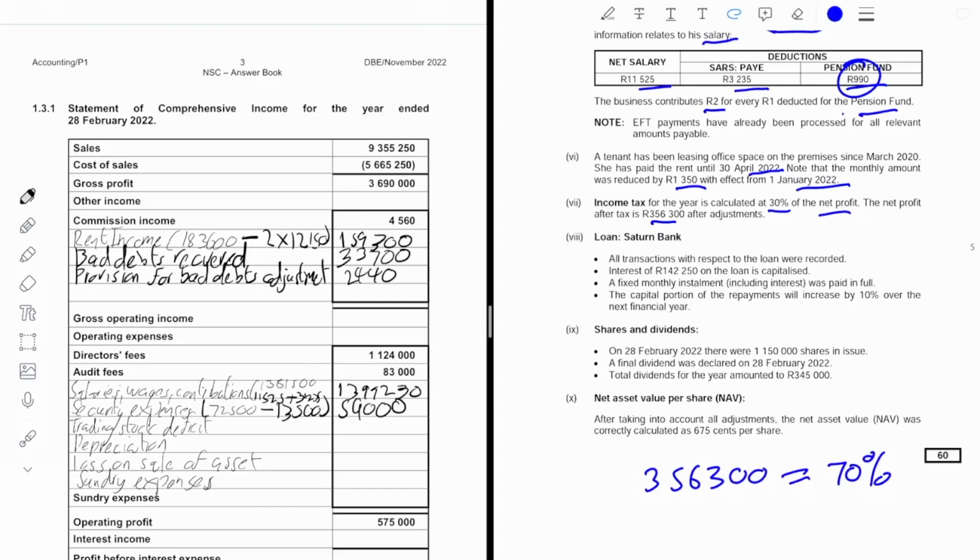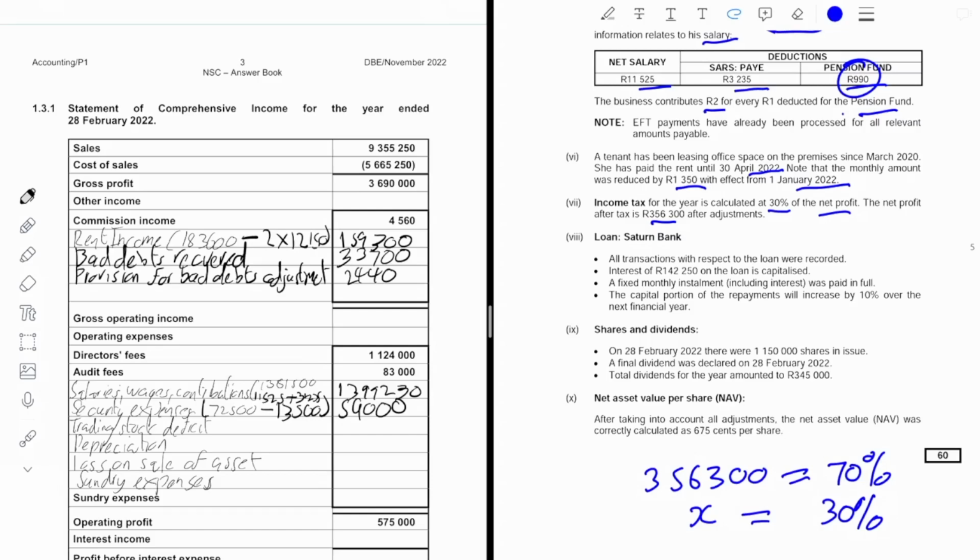Then let our income tax figure equal X, and that was obviously 30%, of our total profit before the tax.